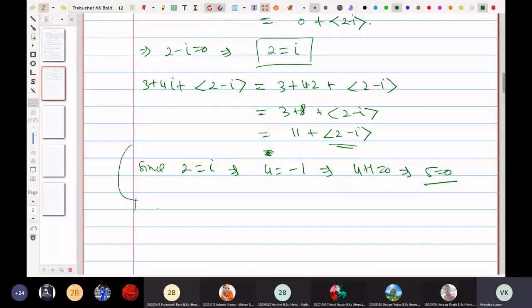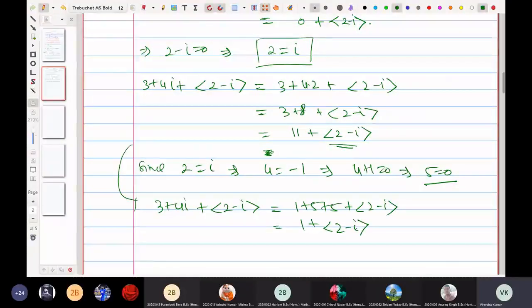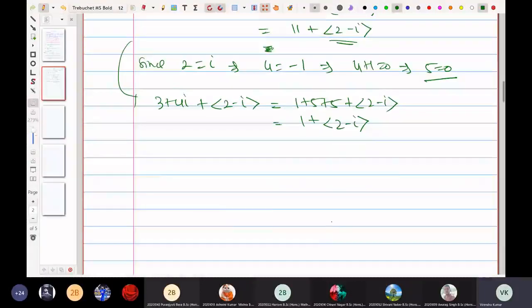So this expression 3 plus 4i plus 2 minus i is going to be 11, we can write 1 plus 5 plus 5 plus this. Each 5 is 0, so we are left with 1 plus 2 minus i. This is the simplest form we can have of this expression.